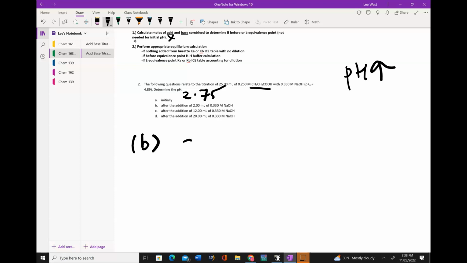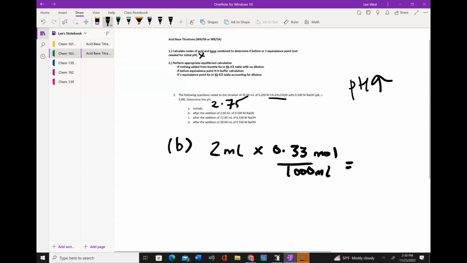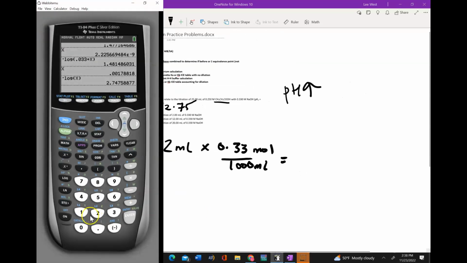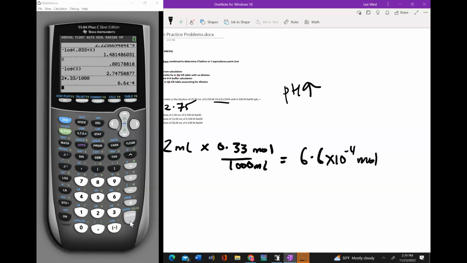So we've got 2 mL of the base, and the concentration is 0.33 mole for every 1 liter. There we go. Okay, so 2 times 0.33 on 1,000 is 6.6 times 10 to the minus 4 moles of NaOH.